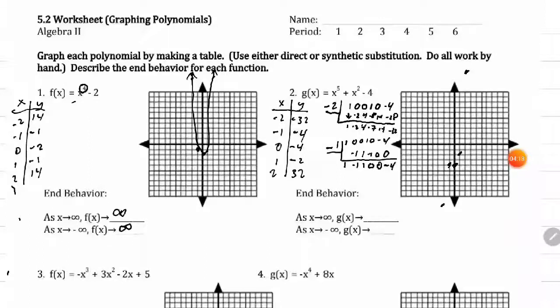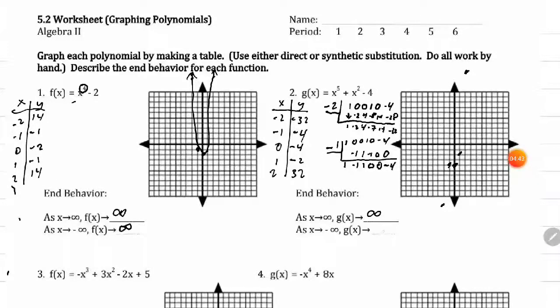So we look back at our chart, and this is a power to the 5th, so it's odd, and the coefficient is positive. So when we have an odd power and the leading coefficient is positive, as x goes to infinity, y goes to infinity.